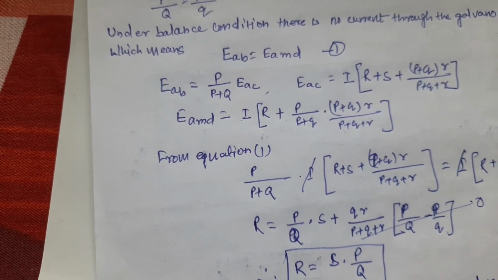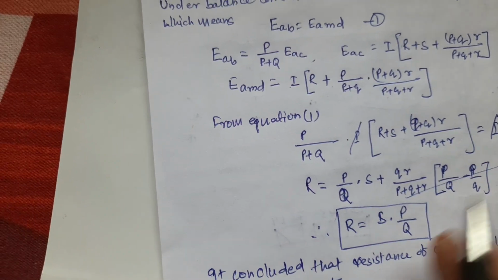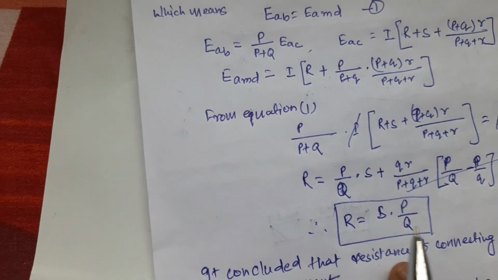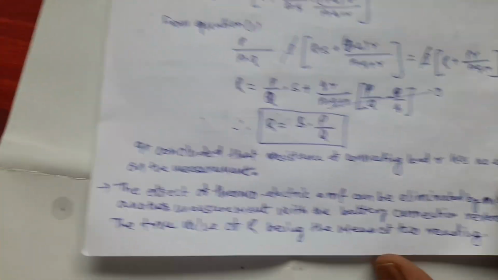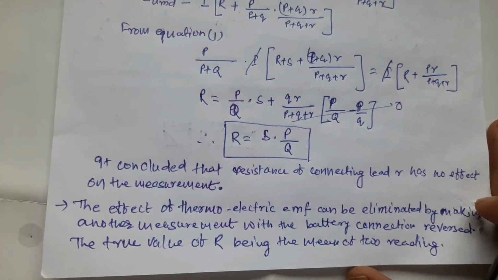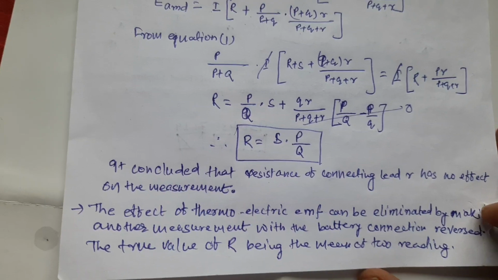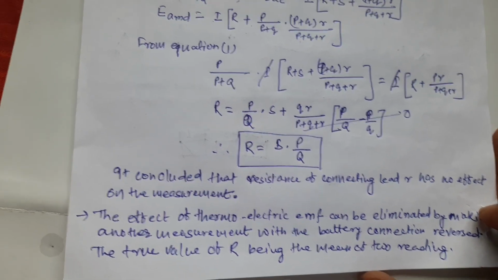So this portion becomes zero, and finally R is equal to S into P by Q. From this result we conclude that the resistance of the connecting lead r has no effect on the measurement.